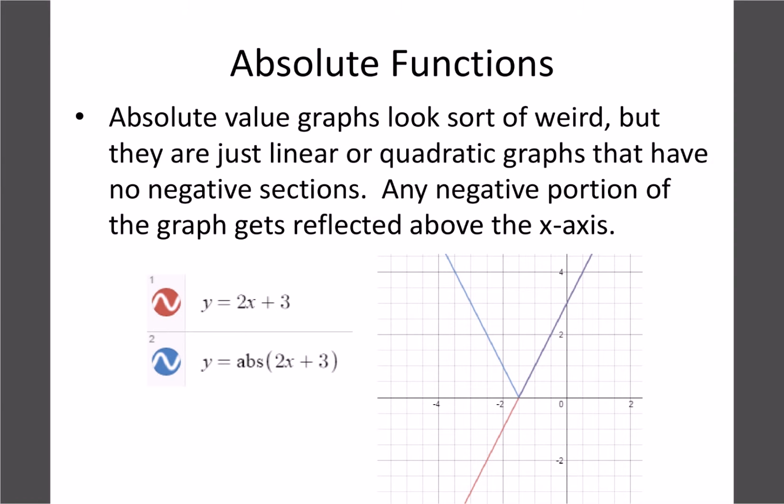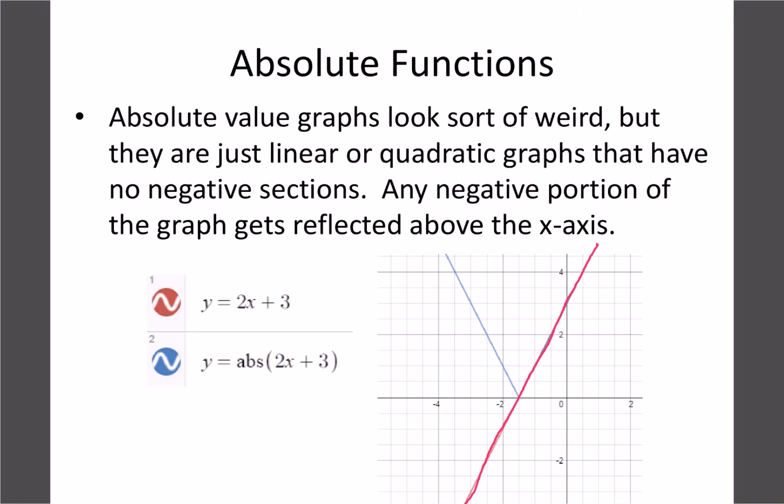So remember, an absolute value graph just means anything inside the absolute value becomes positive. So in terms of a graph, that means any negative section of the graph will turn positive. So if we graph just the original y equals 2x plus 3, we get a diagonal line that looks something like that.